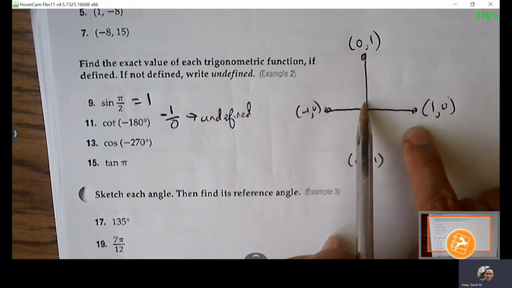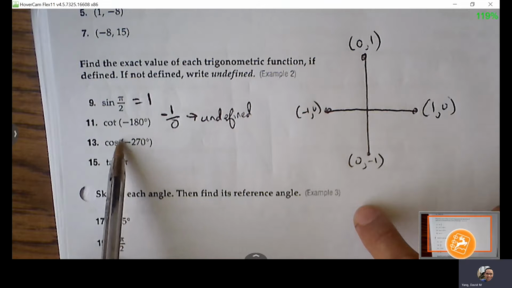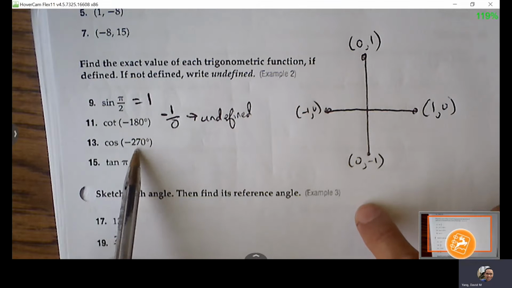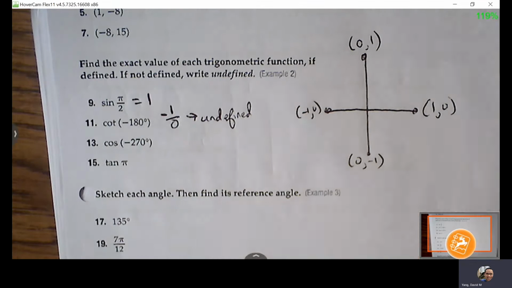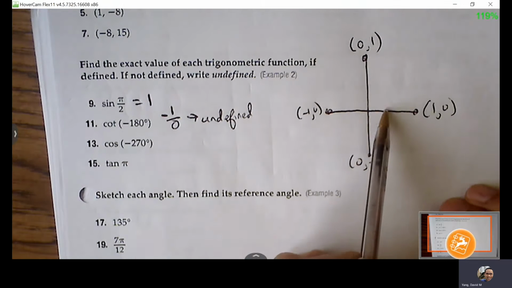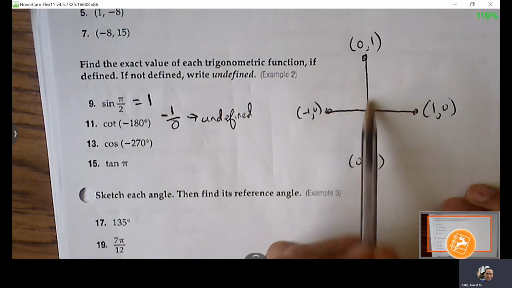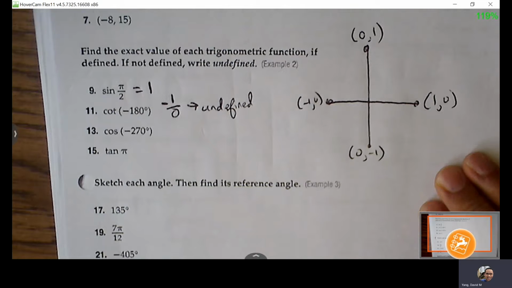So I'm actually up here again. If you don't know where this is, add 360 to it, and that will get you to 90, right? So if you don't recognize an angle, you can always add or subtract 2 pi or 360 to get it into a range that you recognize. But if you feel like you can do this on your own, you can just work your way around and realize, oh, that's going to be the same as 90 degrees.